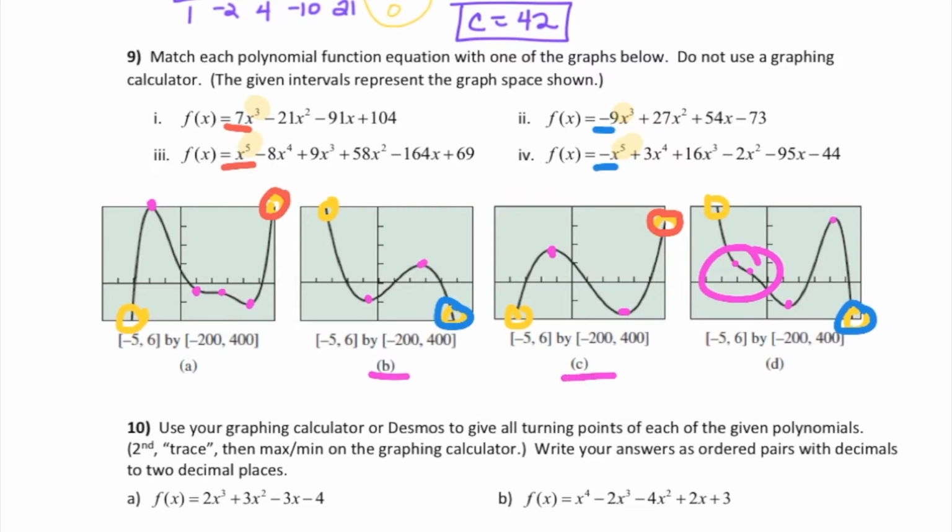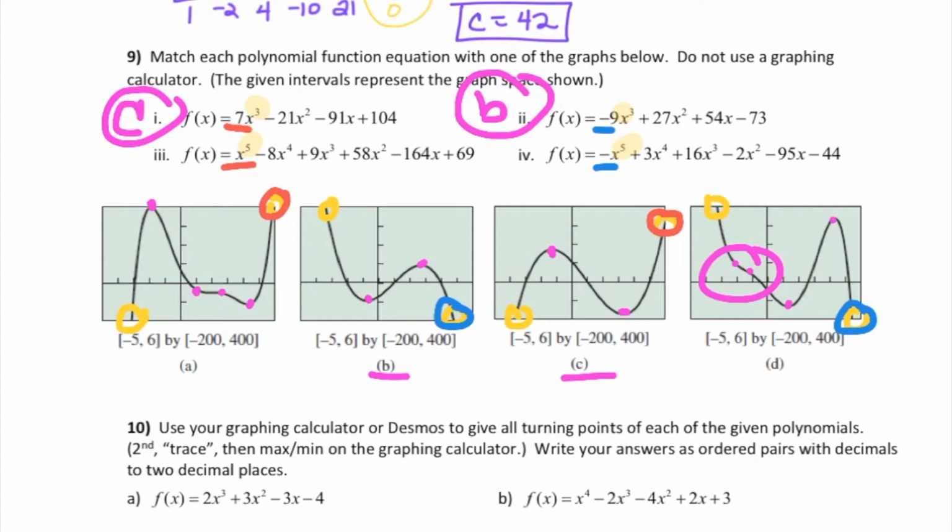So B and C should be obvious to you that they're third degree functions. And so 1 is C and 2 is B. And it should be also obvious to you that A and D are fifth degree functions.